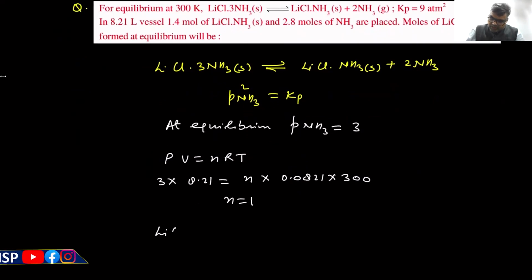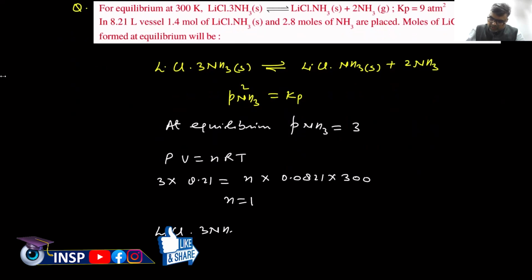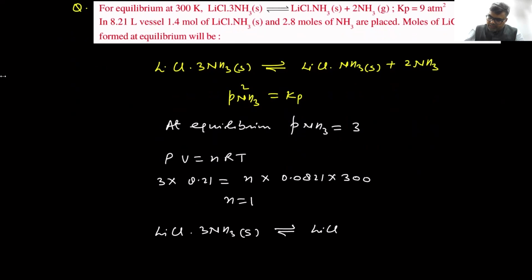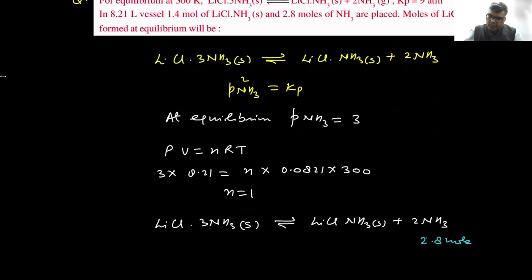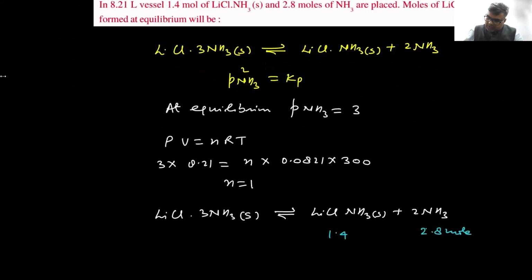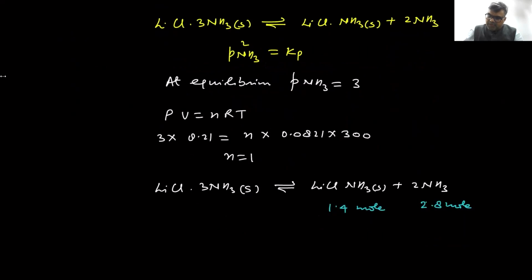So in this reaction, once equilibrium has been achieved, at that time the moles of ammonia is 1. In the starting, it's given 2.8 moles of ammonia and 1.4 moles of LiCl.NH3. At equilibrium it is 1 mole. So how much is consumed? 1.8 moles.